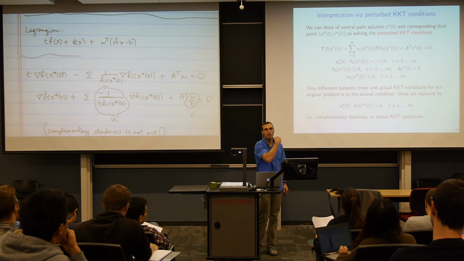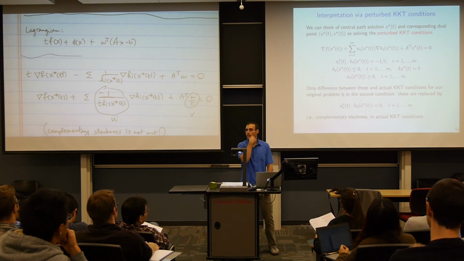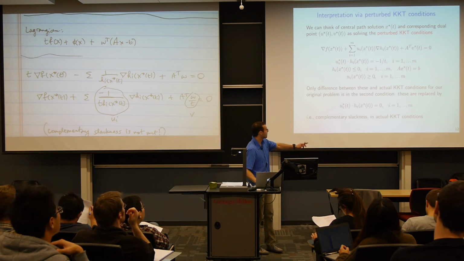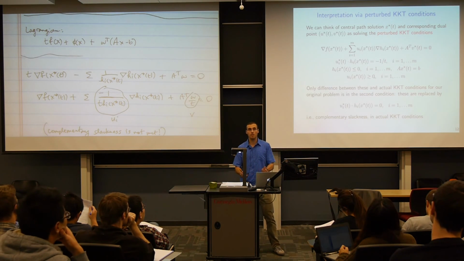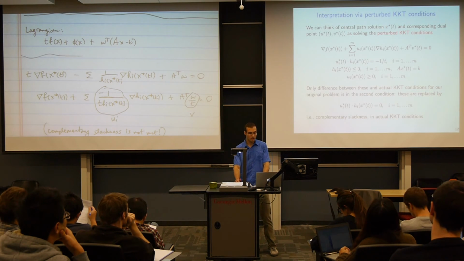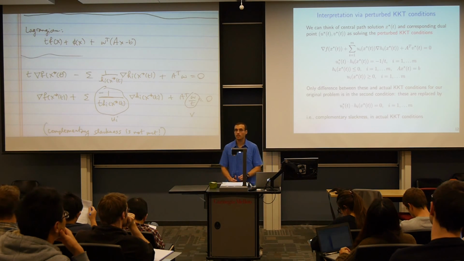And then I've made t bigger, and I solved this problem, etc. So I am trying to satisfy feasibility and stationarity exactly and approximately satisfy complementary slackness, and make that approximation tighter and tighter as t gets bigger and bigger. These are two ways of viewing the same idea: perturbed KKT conditions and the log barrier function. Any questions about that?